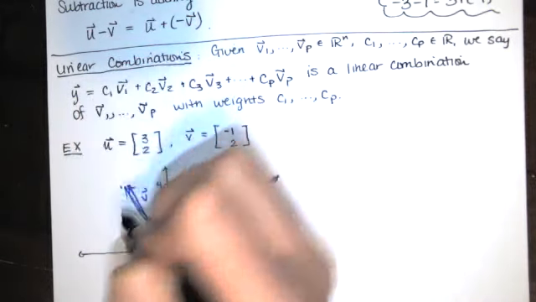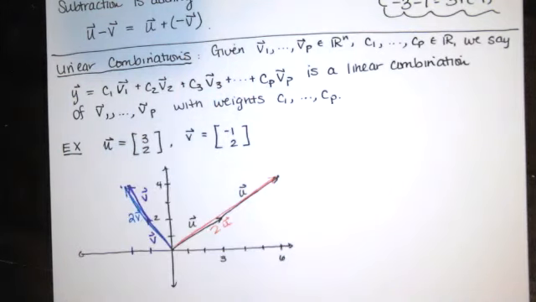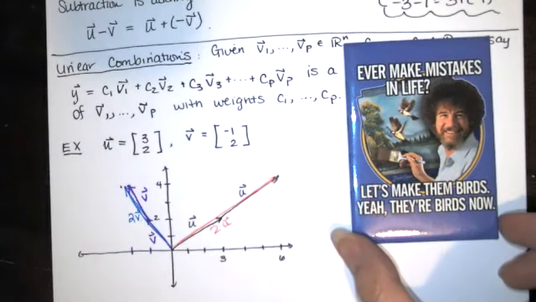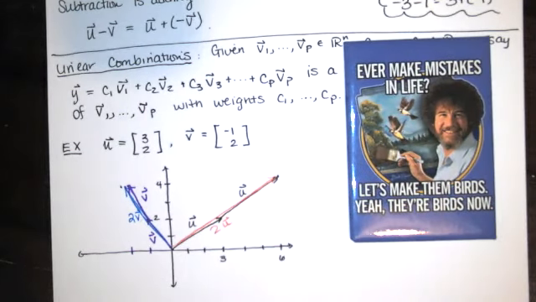It's okay. All right. What does Bob Ross say about that? This is from my fridge. It says, ever make mistakes in life? Let's make them birds. Yeah, they're birds now.